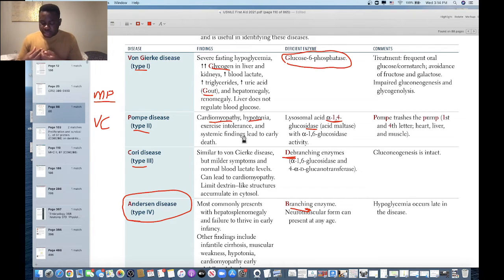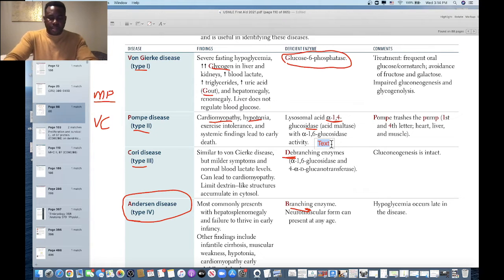So my mnemonic is that Pompe hates exercise because of large heart. So most likely that is the one that will tell you has exercise intolerance. Yeah. So Pompe hates exercise because of large tongue. So that's how I remember it.